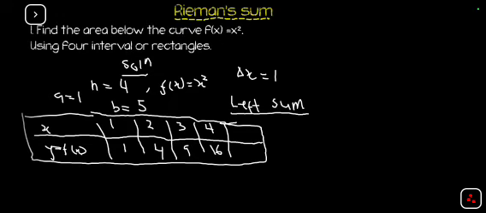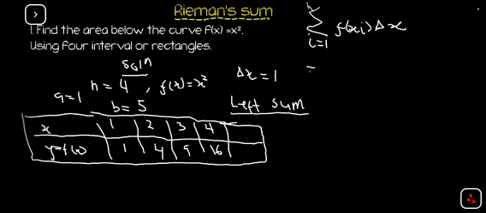So by the formula, sigma i equals 1 to n of f of x i times change in x. Since change in x remains constant, let's bring it out and then perform the sum.